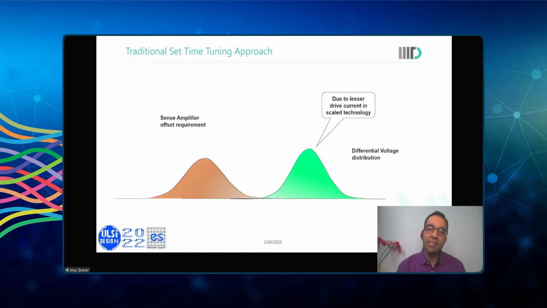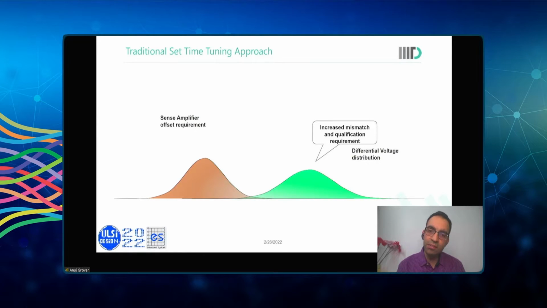So we see that the differential voltage distribution curve starts to come closer to the sense amplifier offset requirement. But that's not all. While the current reduces, the mismatch increases also for the memory cell. What does this mean? This means that there is yield loss that will happen.